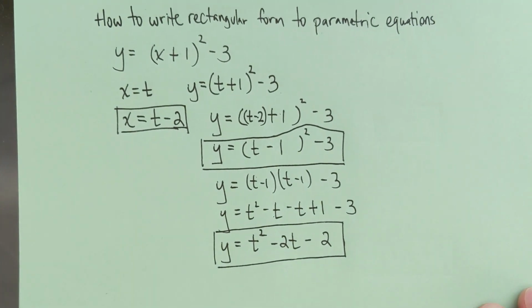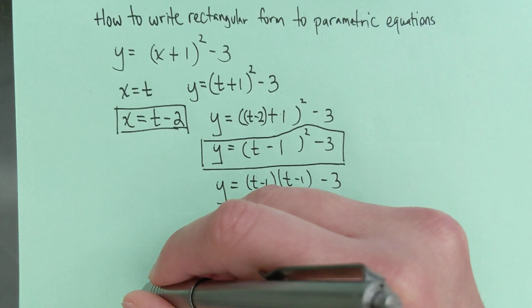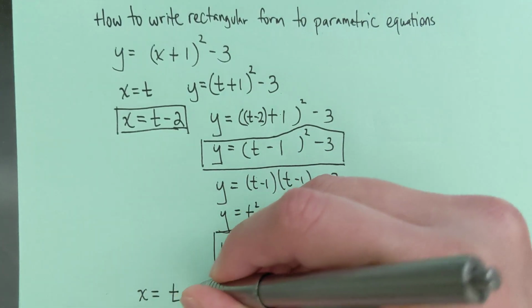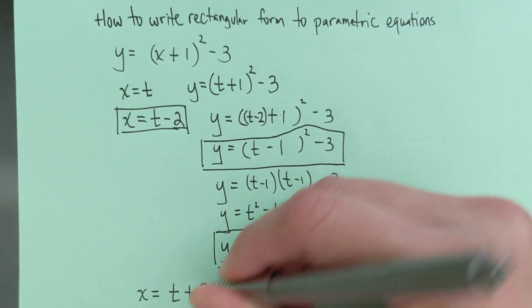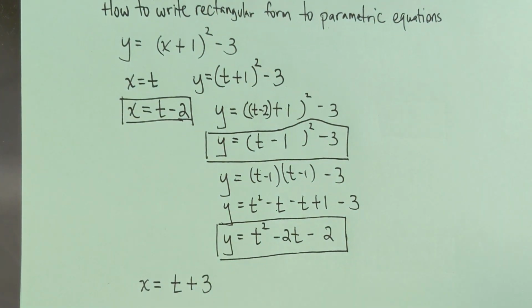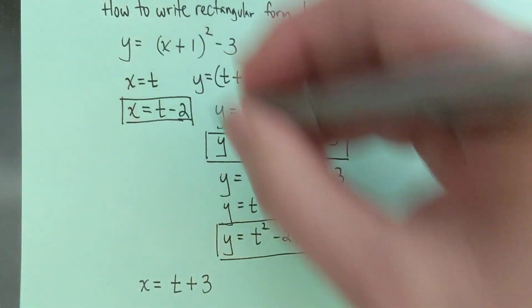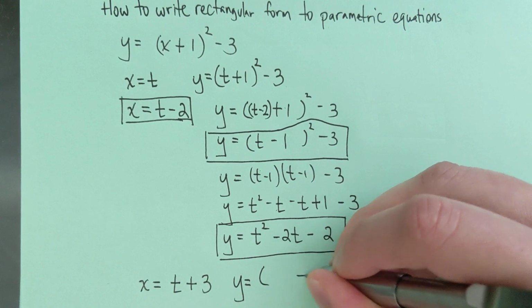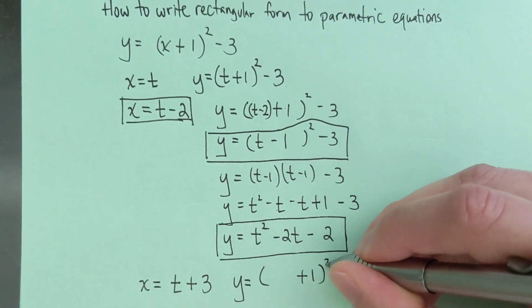I'll do one more. What if x is t plus 3? So I'm going to copy that with the exception of x. I'm not writing down x.